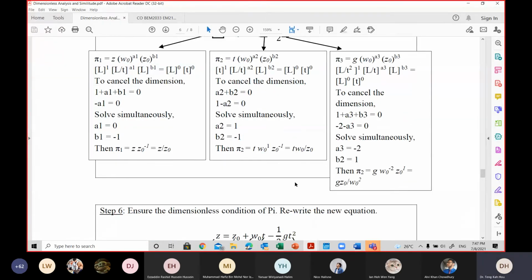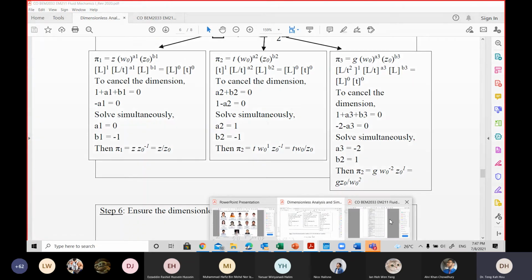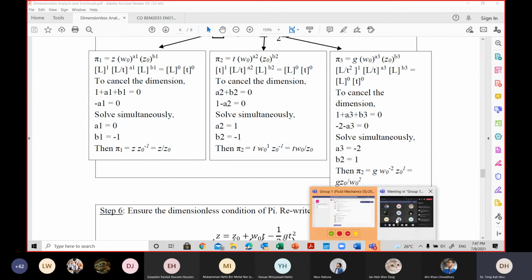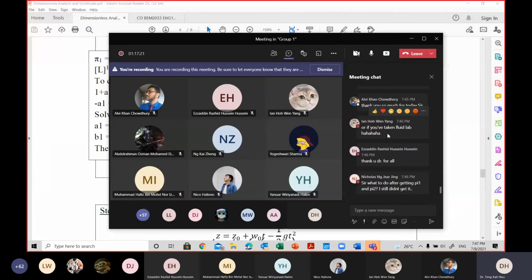Either you prove the equations into certain formats, so you rearrange all your pi, or you can just write the function of your answers. For example, pi 1 equals a function of pi 2 and pi 3. So all this is your dimensionless condition. Is that clear? Did I answer your question?